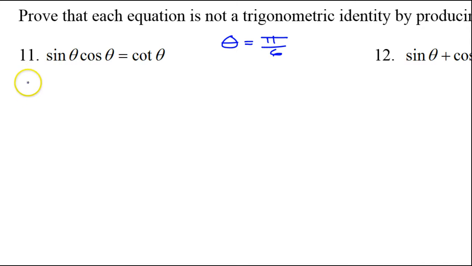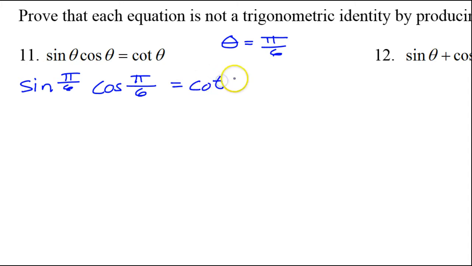So for number 11, that makes the sine of pi over 6 times the cosine of pi over 6 equal to the cotangent of pi over 6. Well, sine of pi over 6 is 1/2, and cosine of pi over 6 is radical 3 over 2.